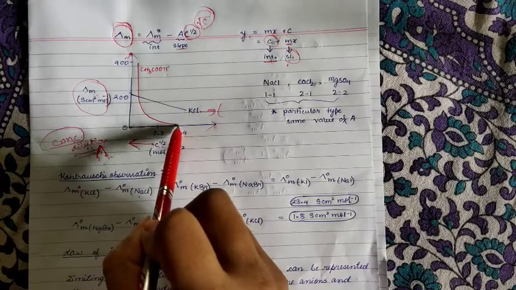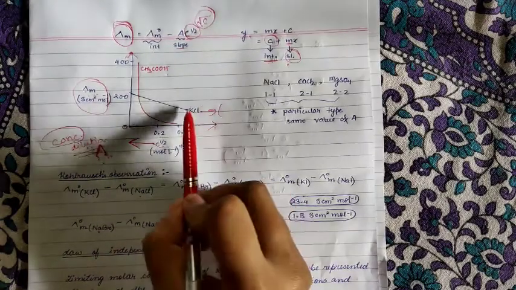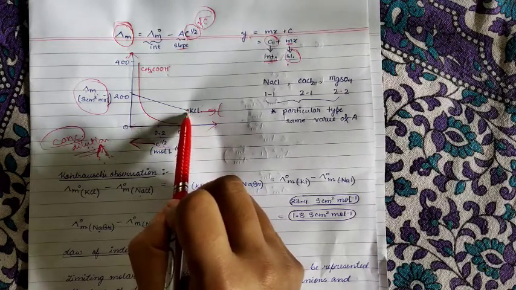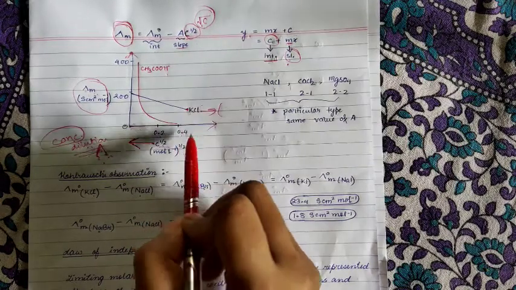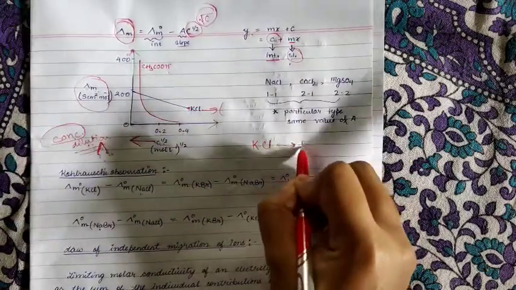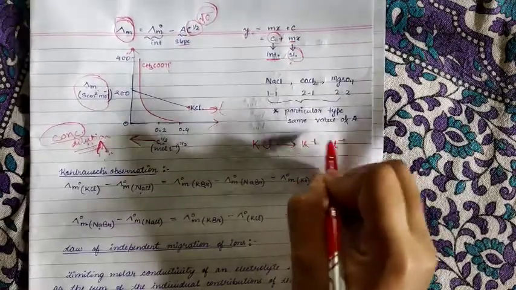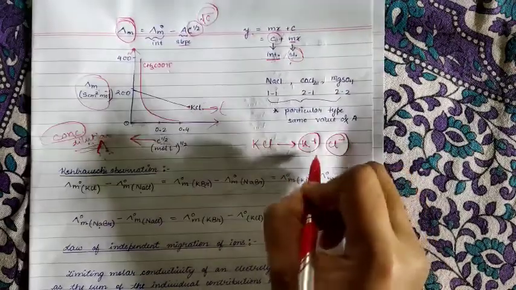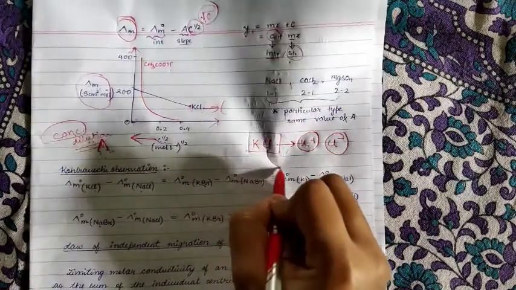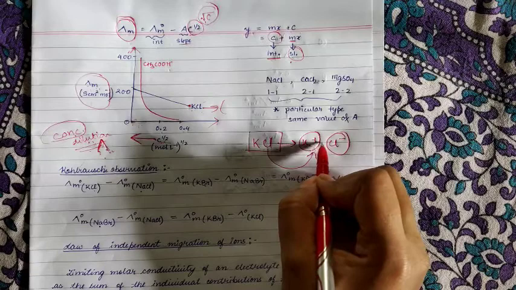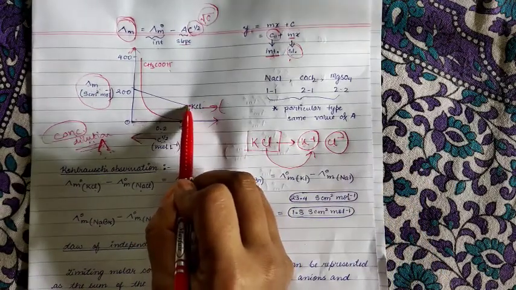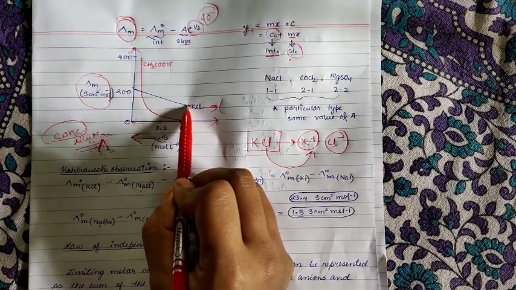So whenever the electrolyte is highly concentrated, you haven't added much water to it, then the ions will not dissociate. If we are taking KCl, it will dissociate into K positive and Cl negative. So these are the factors for conductance. Now whenever you add water, this will be dissociated into K positive and Cl negative, right? So at this point there is less dilution. You haven't added much water.